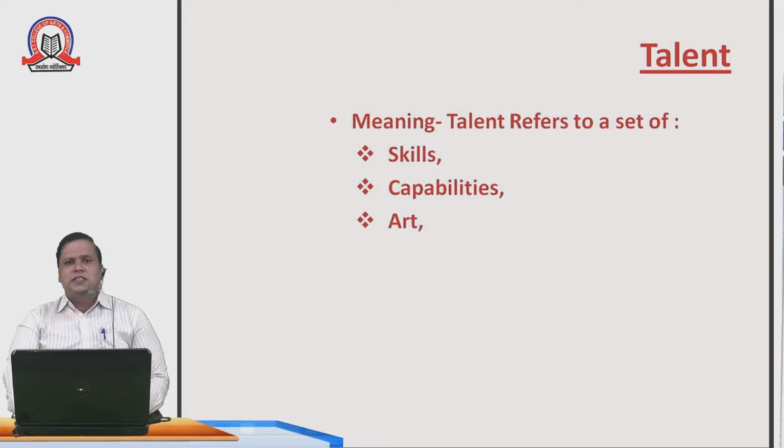For example, a singer sings well, so he is called a good singer. That is his talent, that he is able to sing well. Similarly, in any job or in any company, there are certain skill sets required. A person who can market well, who can do sales well, is put into the sales department. A person who is good with accounts and other things related to finance is in the finance department.